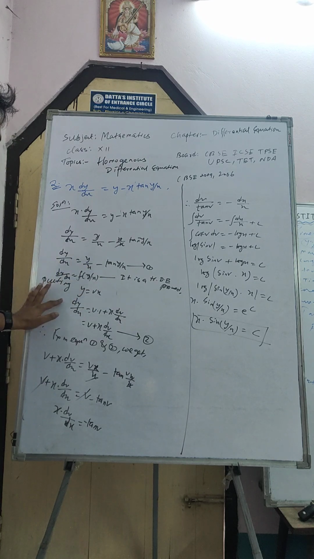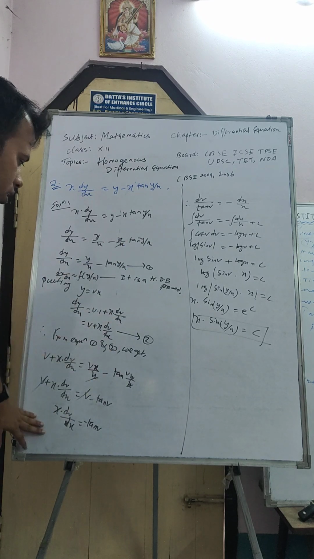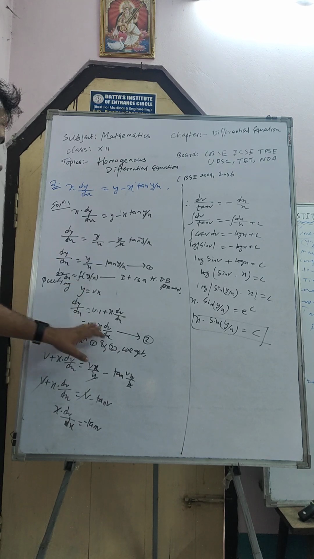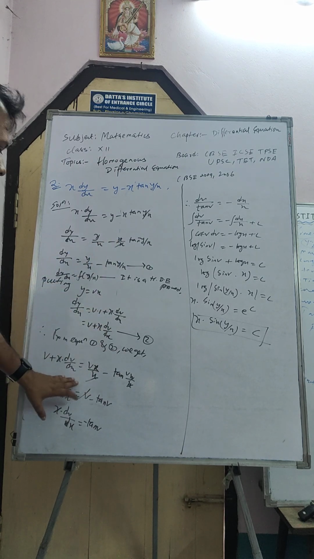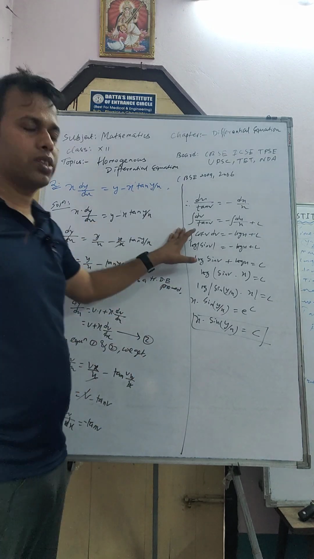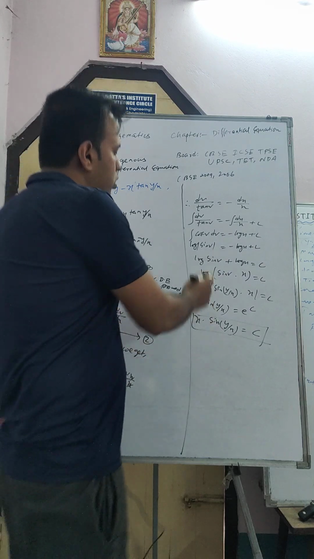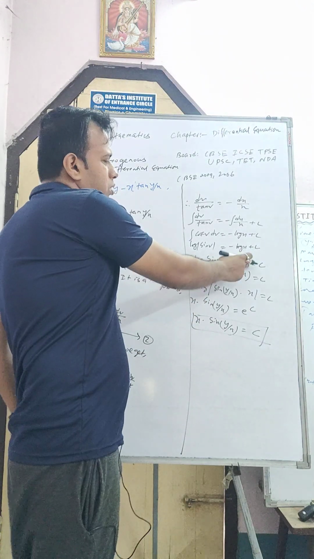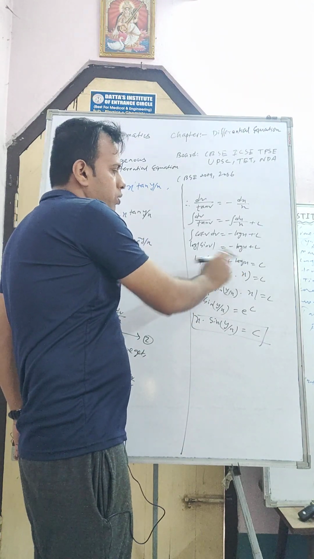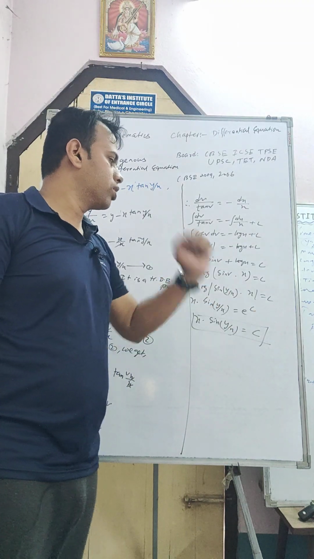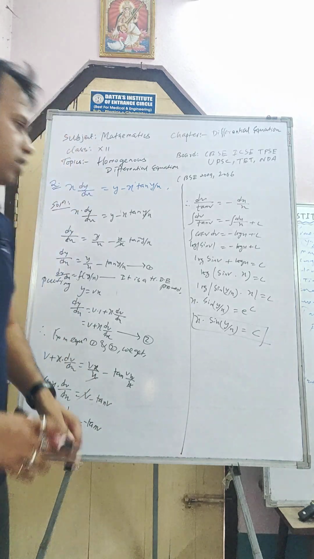After simplification, here is dy by dx, and I equate it with equation 2. After some simple integration, you can put the value of v here also. I simplified using log a plus log b equal to log of a into b, and after that I change the log into e to the power c, which becomes c.